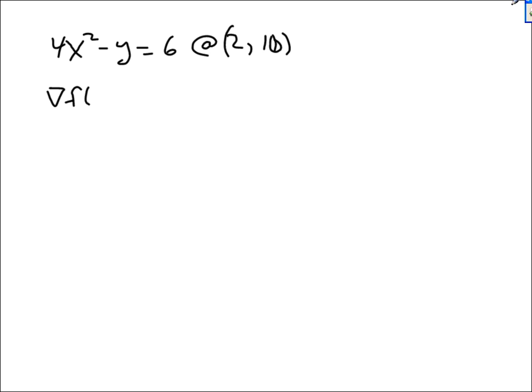Use the gradient to find a unit normal vector to the graph of the equation at the indicated point. So they give us this equation, and they give us the point (2, 10). They want us to use the gradient to find the unit normal vector.